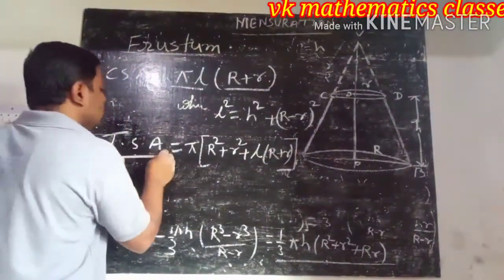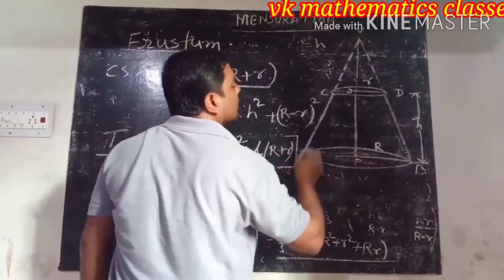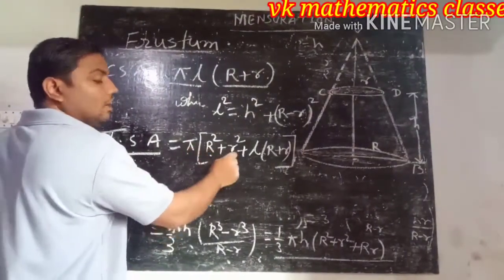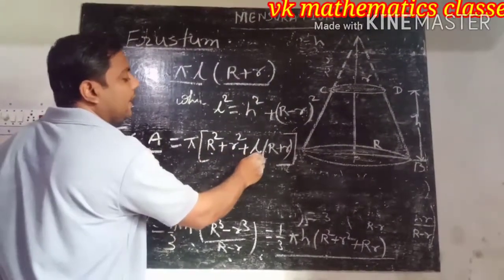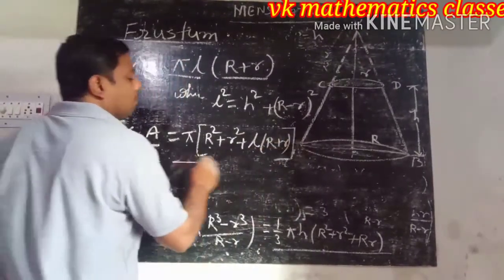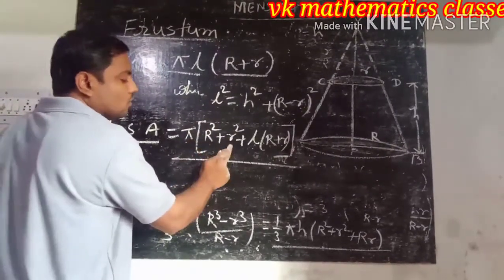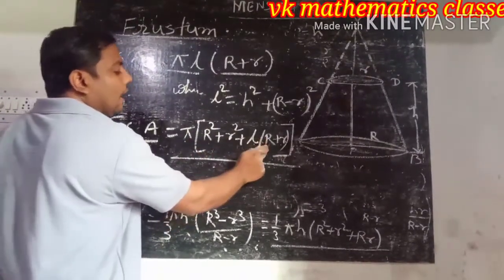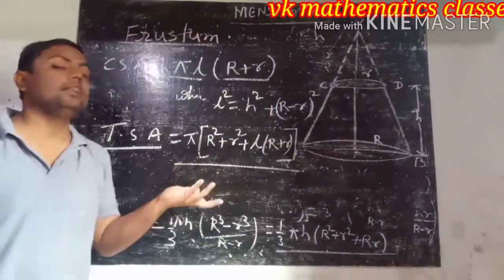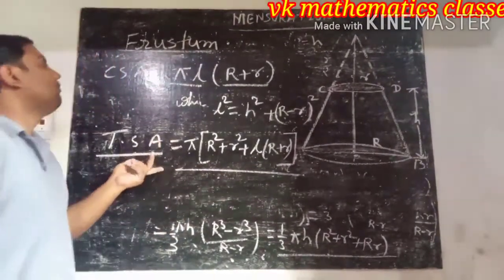And the TSA, total surface area of the frustum, that is including this and this: pi r square plus pi R square plus pi L into R plus r, that is pi bracket R square plus r square plus L into R plus r, where L square equals h square plus R minus r square. So this is the total surface area of the frustum.